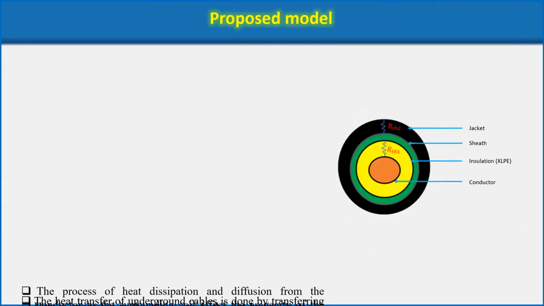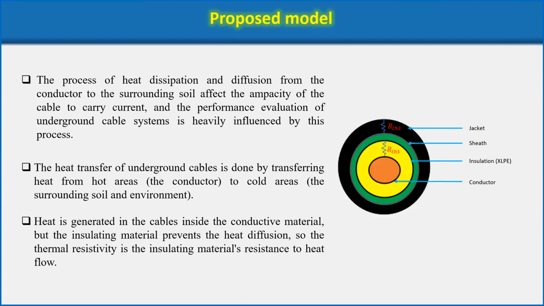So the proposed model. The heat dissipation and diffusion from the conductor to the surrounding soil affect the ampacity of the cable to carry current, and the performance evaluation of an underground cable system is heavily influenced by this process.